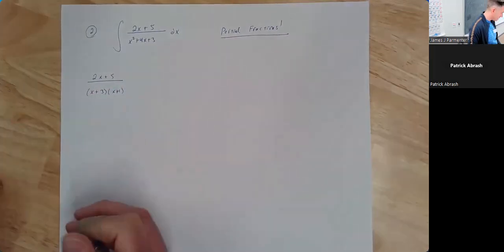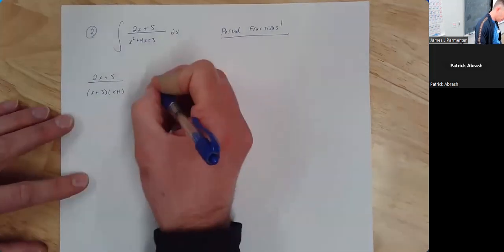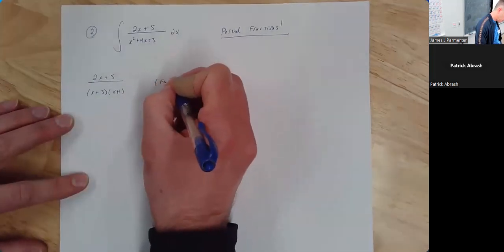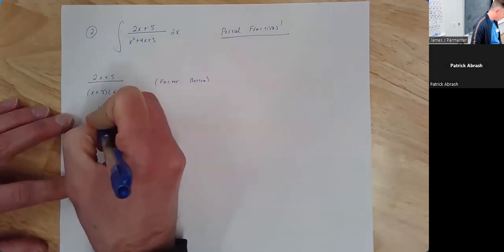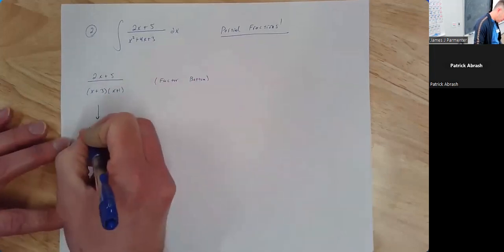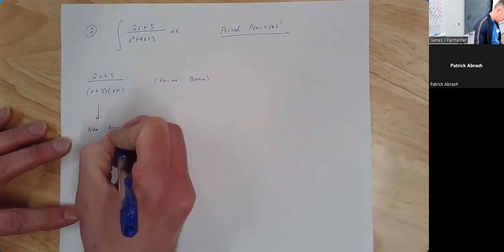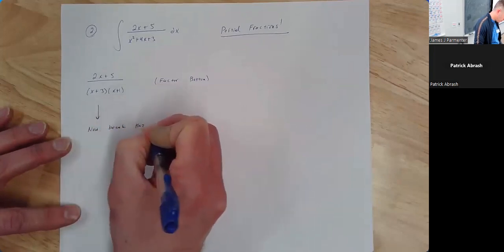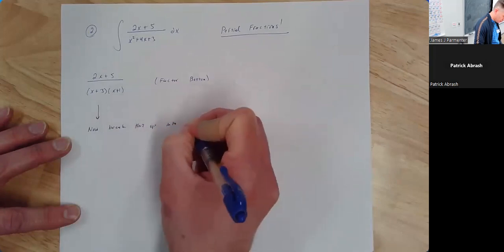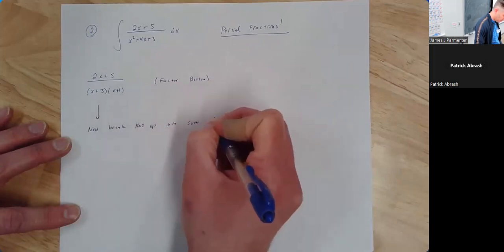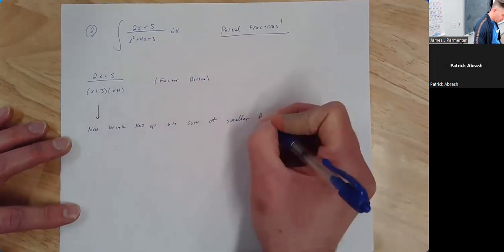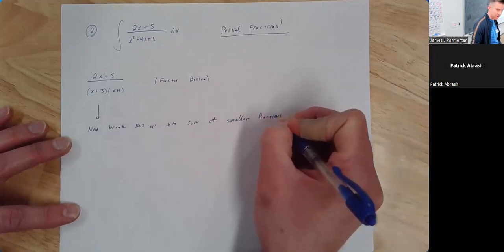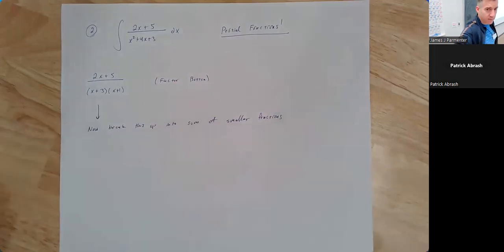And now we're going to break this up into the sum of smaller, not quite the right word, but fractions with less complicated denominators, but it's easier to say smaller.